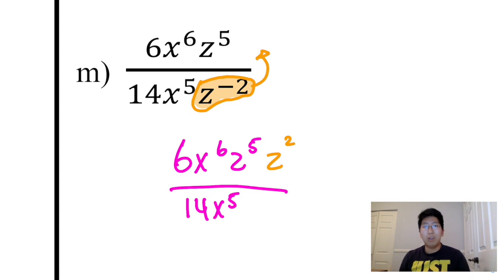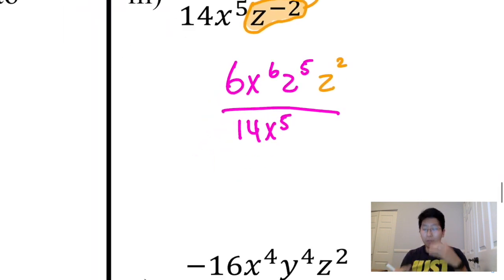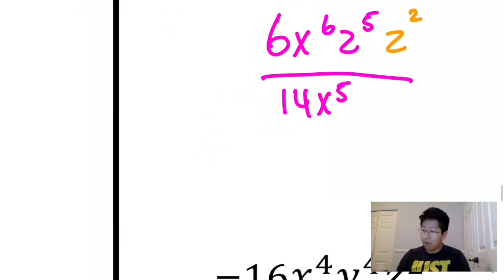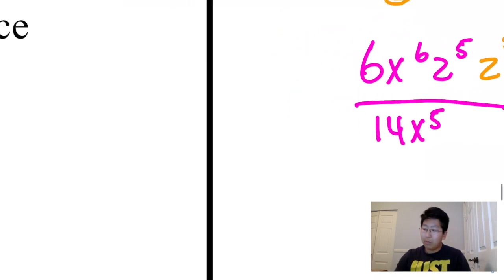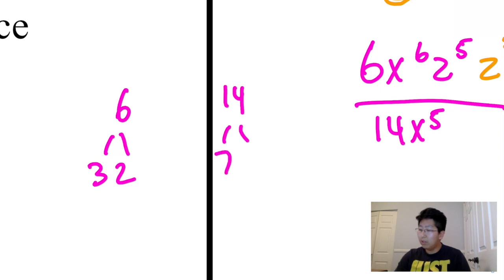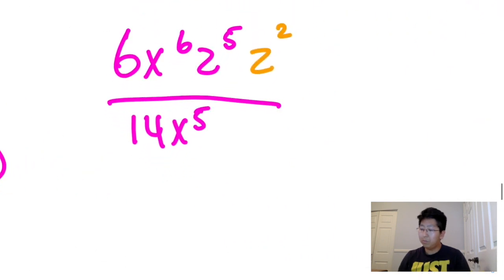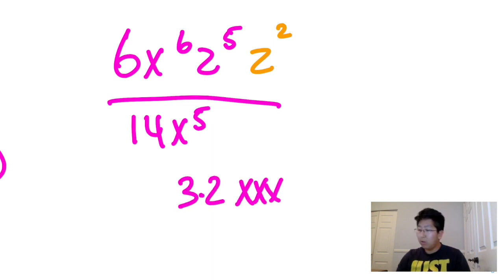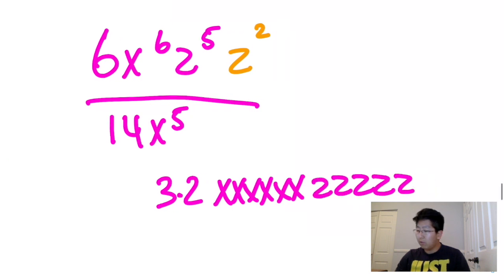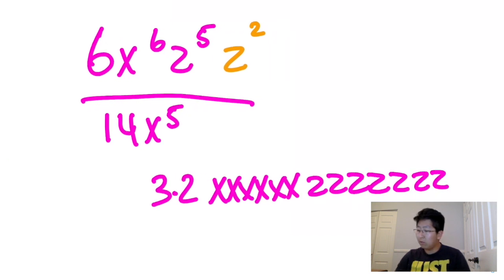Now, what number do 6 and 14 both have in common? Or I could break it up like I did before. 6 is 3 and 2, 14 is 7 and 2, and they're both going to have 2's, so we're going to reduce by 2. So 6 is 3 times 2, and 6 x's, 5 z's, and another 2 z's.